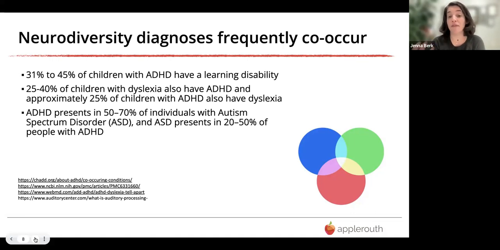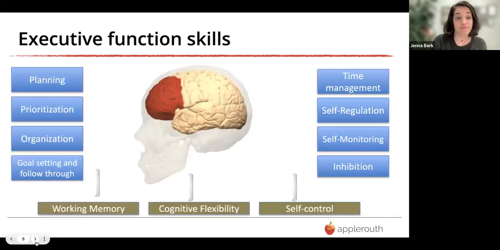ADHD is often found in individuals with autism, and autism presents in a good percentage of people with ADHD as well. So they're all linked. They are commonly found together. So hopefully some of the other LDs that I talk about this evening may be of interest to someone because they might have one or both or a whole bunch of them.